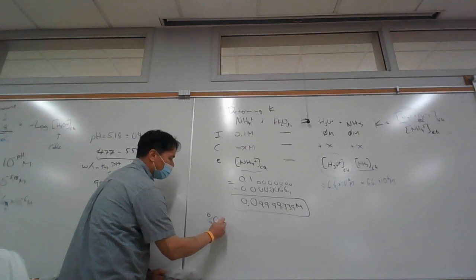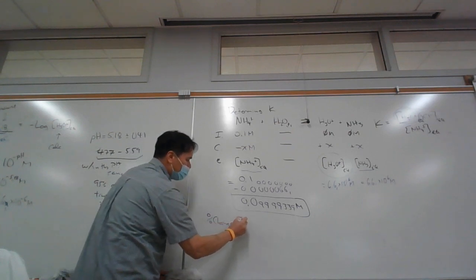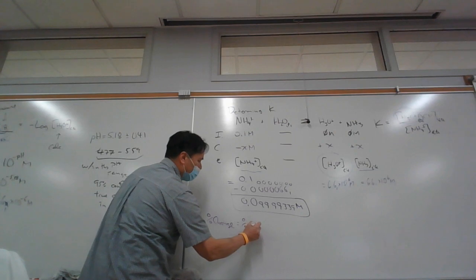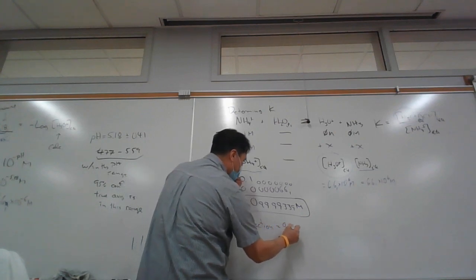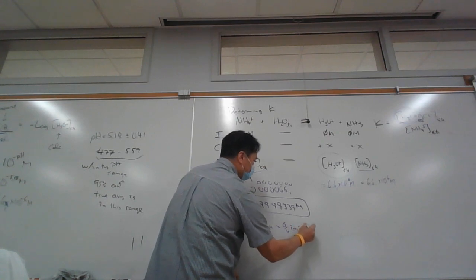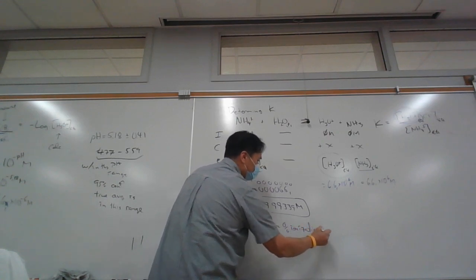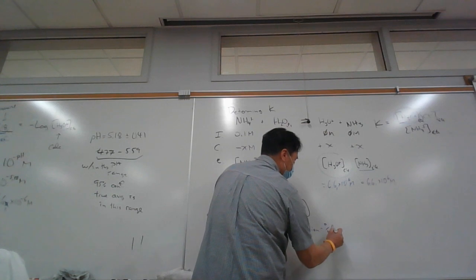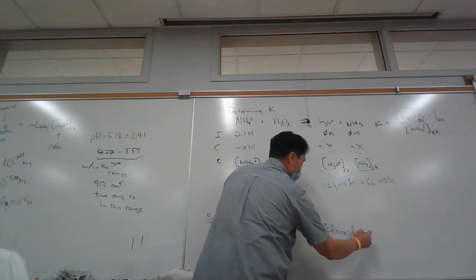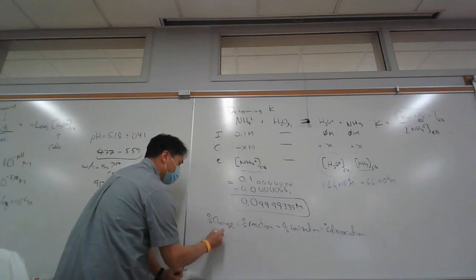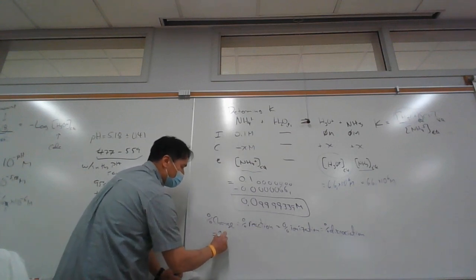Percent change is equal to the percent reaction, which is equal to the percent ionization, which is equal to the percent dissociation for an acid, which is equal to the percent hydrolysis.